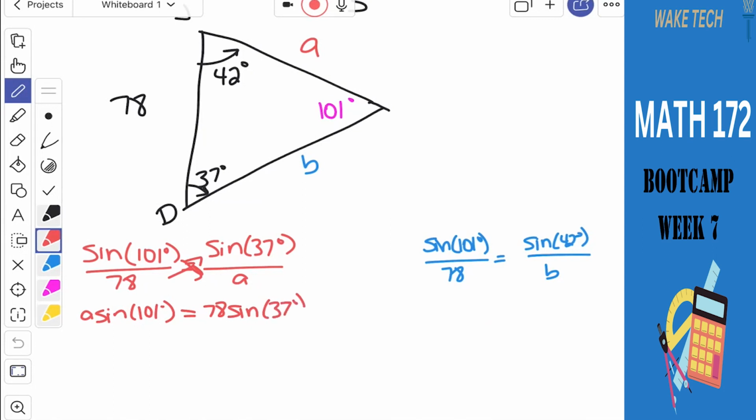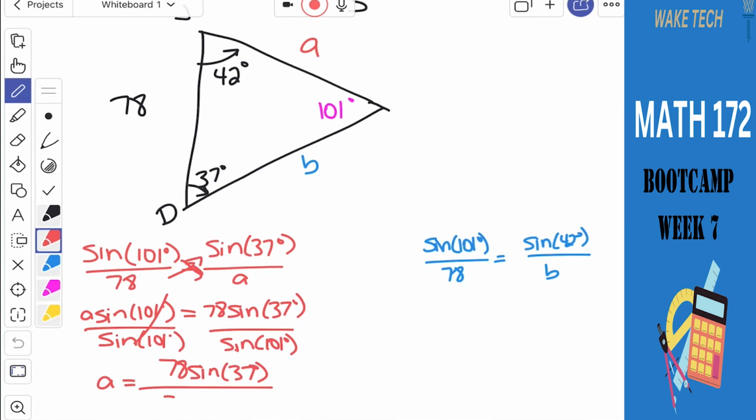Dividing by sine 101, that tells us that A is equal to 78 sine 37 over sine 101.